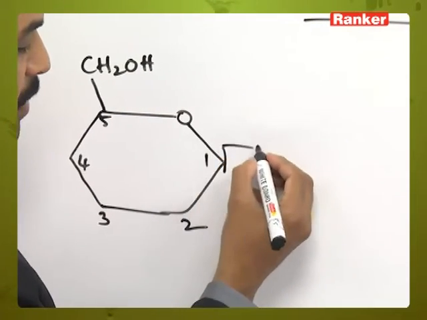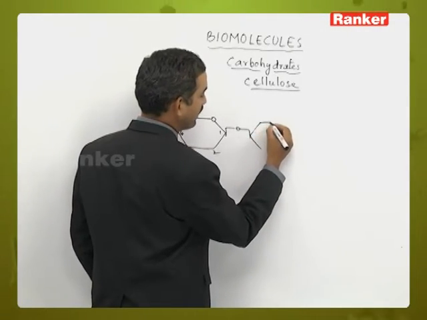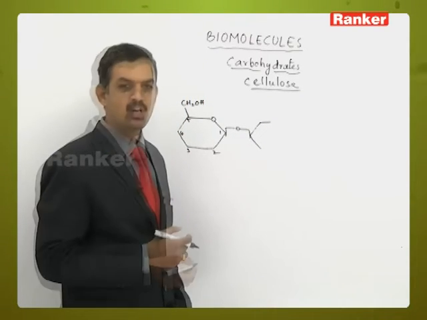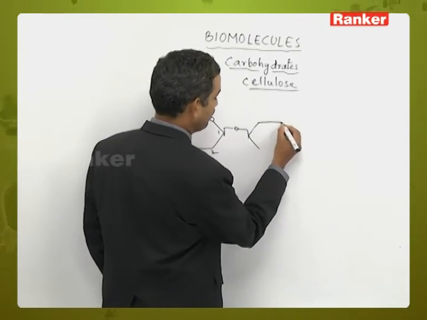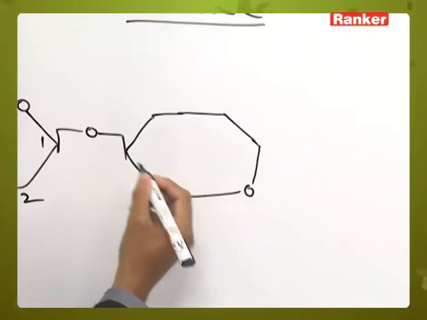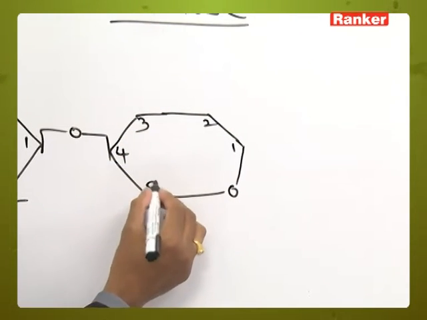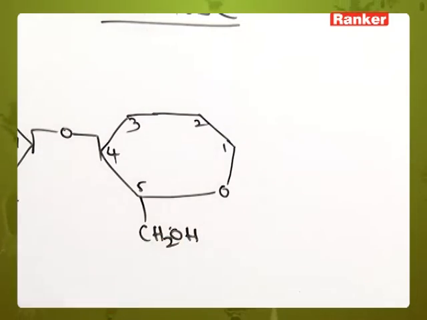Here this is forming a glycosidic bond, and as we are every time saying, the glycosidic bond is formed by the dehydration process, that is loss of a water molecule during the formation of the glycosidic bond. So here the first carbon, second carbon, third carbon, fourth carbon, fifth carbon, and the sixth carbon.